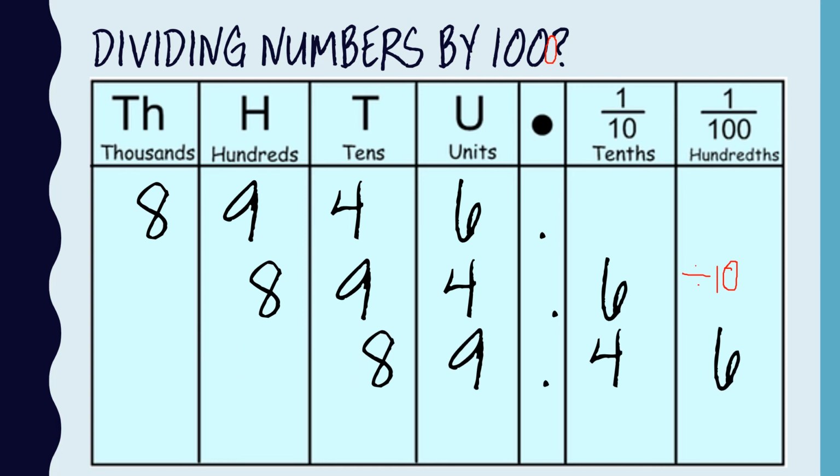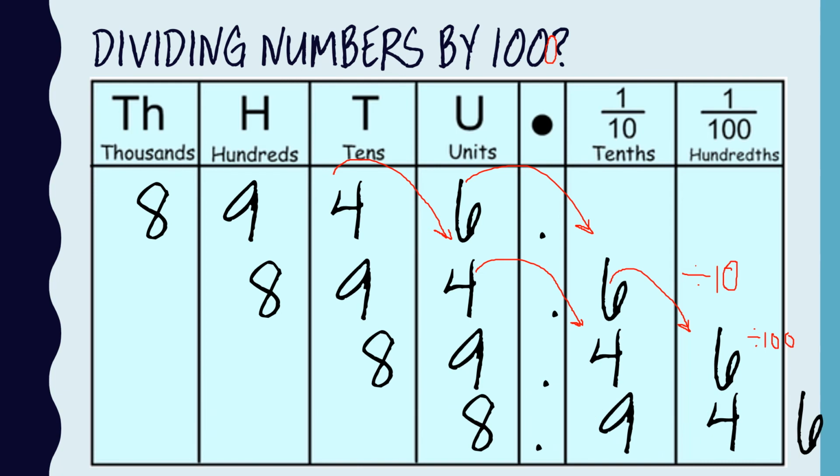Second shuffle divided by 100. 2 shuffles to divide by 100. And we have 89.46. Notice every number is going an extra place to the right. So we've gone 1 to the right, 2 to the right, and then finally to divide by 1,000, it goes the third time to the right.